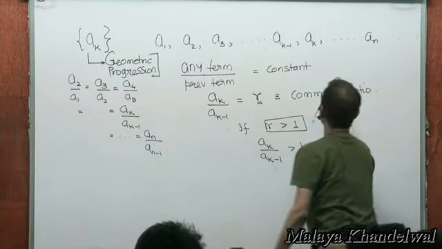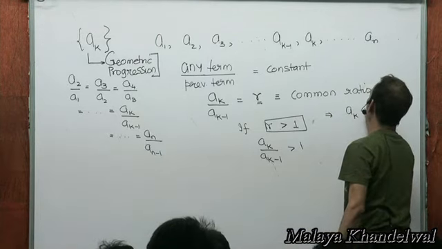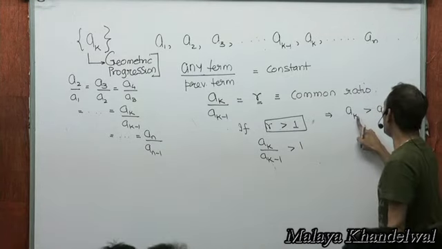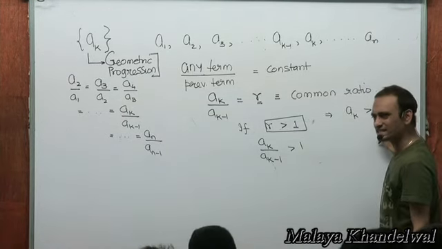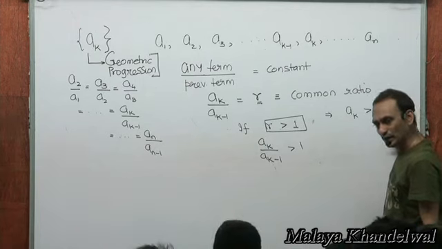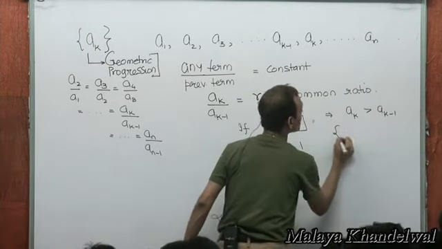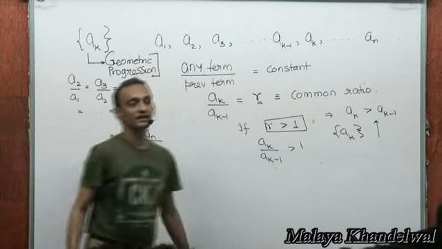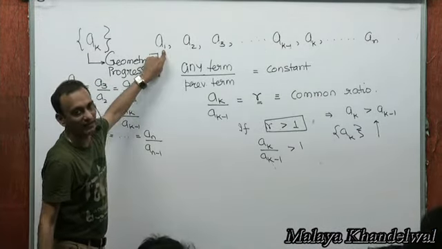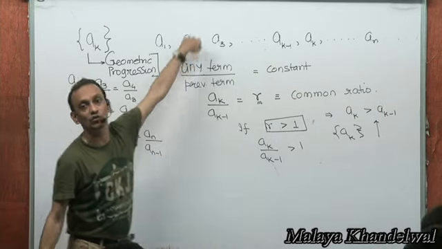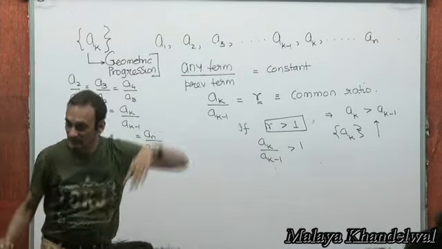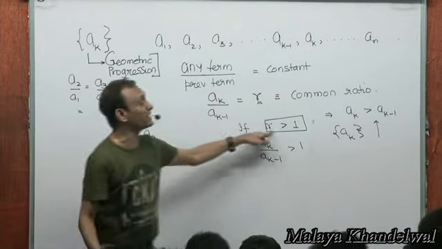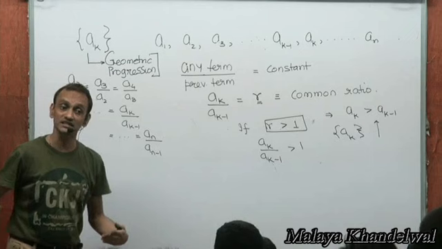That means AK will be greater than AK minus 1. That means any term will be bigger than the previous term, and then the sequence increases. A2 will be bigger than A1, A3 bigger than A2, A4 bigger than A3, and so on and so forth. If the common ratio is greater than 1, it's an increasing sequence.